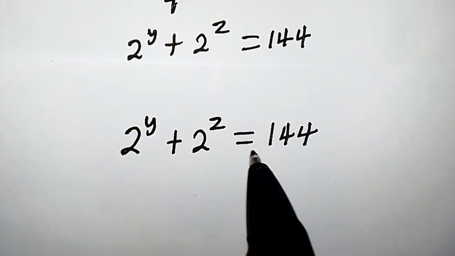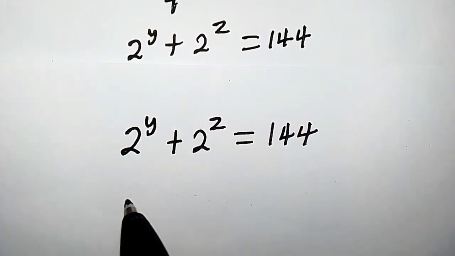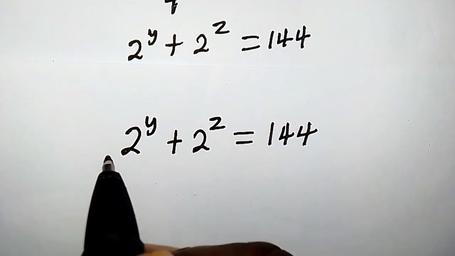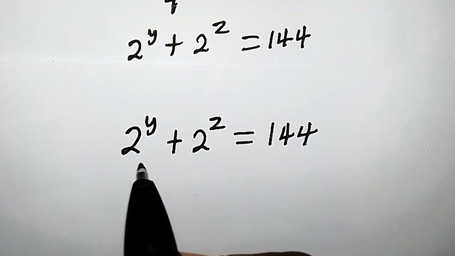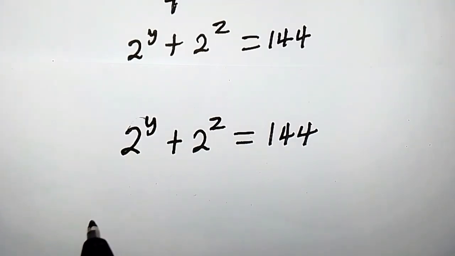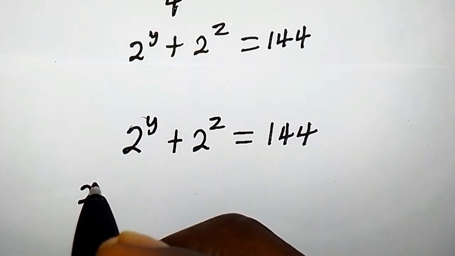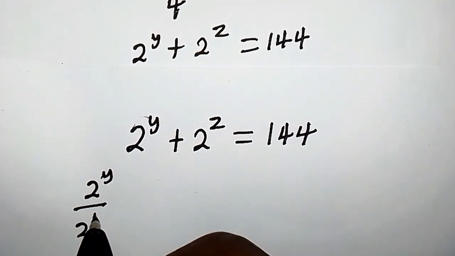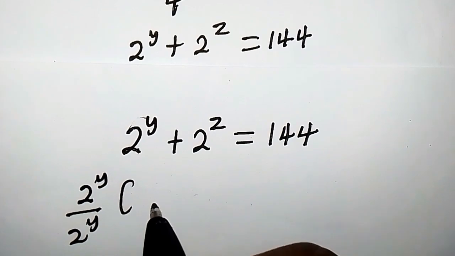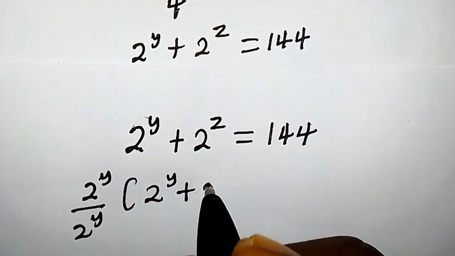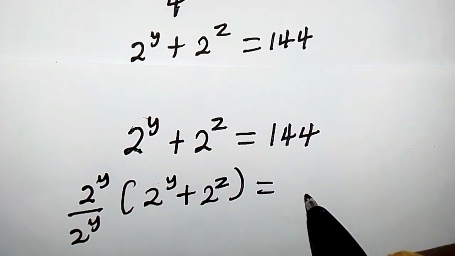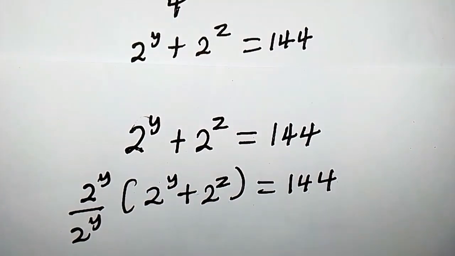So now let's consider this equation by applying the same trick. We are going to multiply the left hand side by 2 to the power of y over 2 to the power of y. So now we have 2 to the power of y over 2 to the power of y into the left hand side, 2 to the power of y plus 2 to the power of z, equals 144. Nothing has changed.